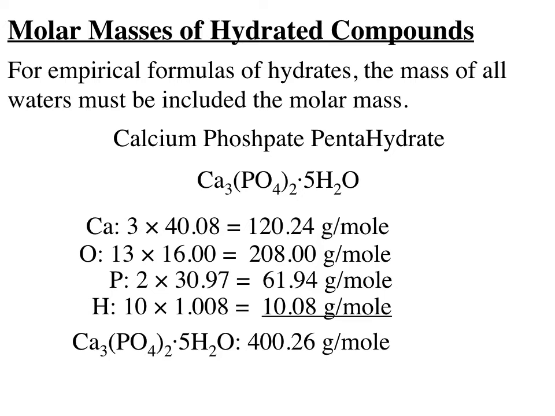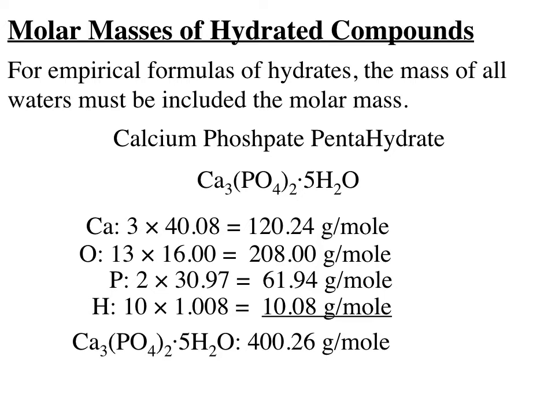There are a total of 13 oxygens. Notice there are 5 from the water molecules, and there are 8 from the 2 phosphates present, so that's 13 oxygens. So I multiply the molar mass of oxygen by 13. Then there are 2 P's in the 2 phosphate groups.